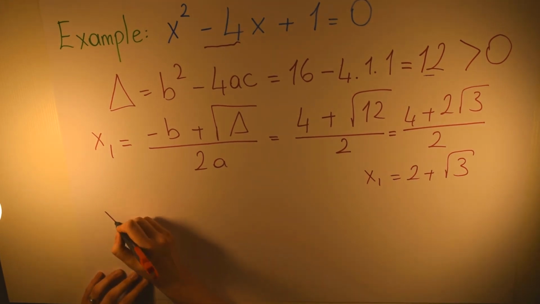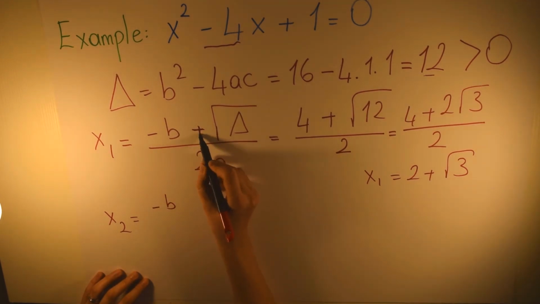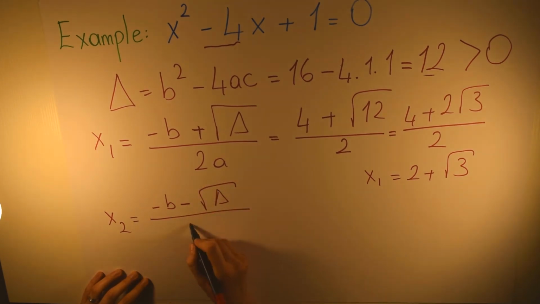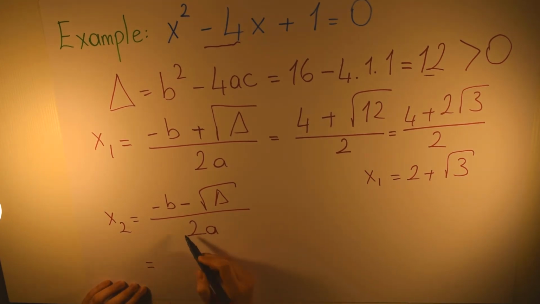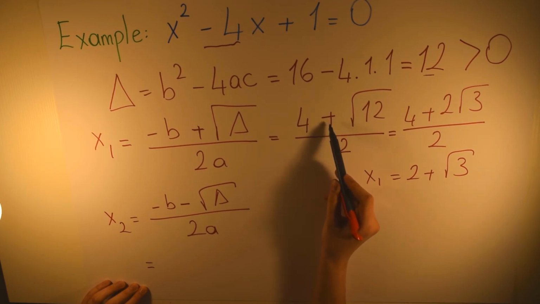So let's find the other one, the second one. So it is minus b. We only change this sign, okay? So we make it minus square root of our discriminant over 2a. So from here, this is actually the same. You just change the sign.